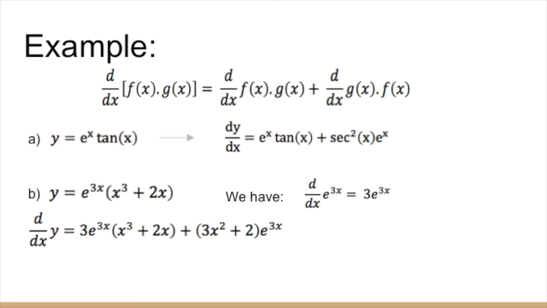Then plug in the formula of the product rule, and we have dy over dx equals d over dx of y equals 3e to the 3x power times x to the third plus 2x plus 3x squared plus 2 times e to the 3x power.